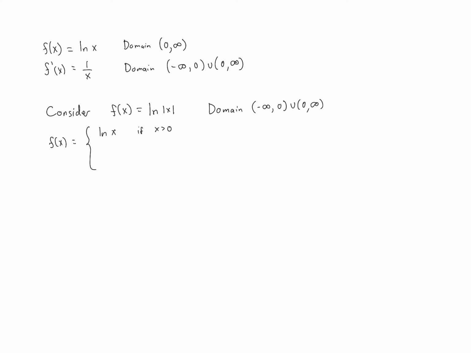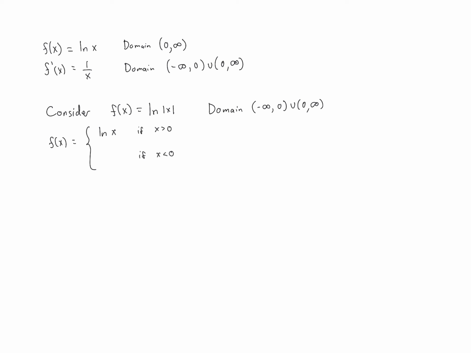For the positive values of x, putting those absolute value signs doesn't change anything. But if we're looking at negative values, x less than 0, when we have a negative number in here, the absolute values turn it into a positive number, and effectively they take the opposite of whatever that x value is.